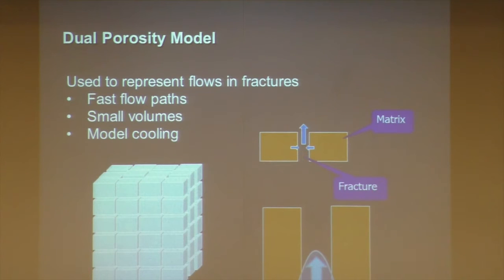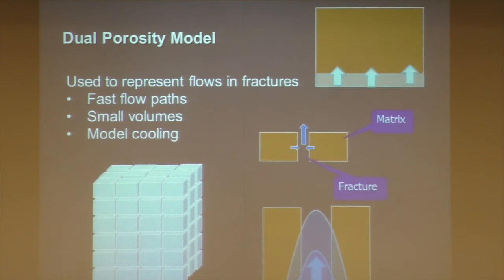In the geothermal context, most of the heat is stored within the matrix, within the rock. And what we find is that as we inject cold fluid into our reservoir, we cool the fracture quite quickly, with slow movement of that cooling front into the matrix. So the fracture is actually cooled quite quickly.